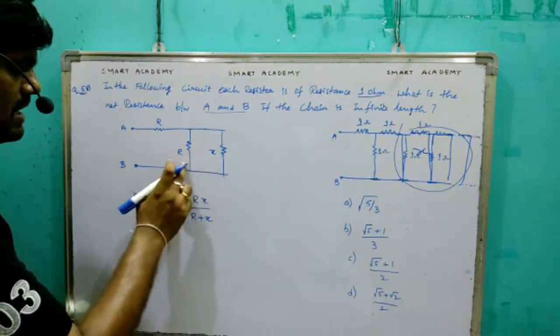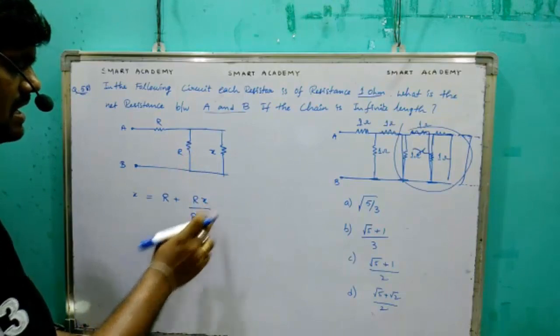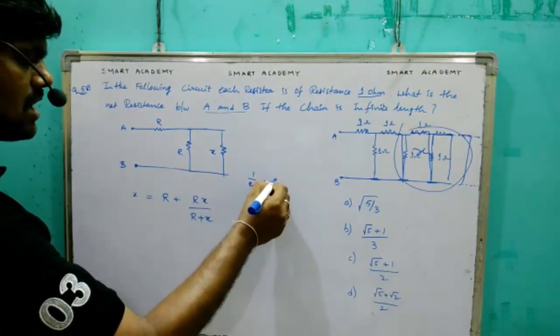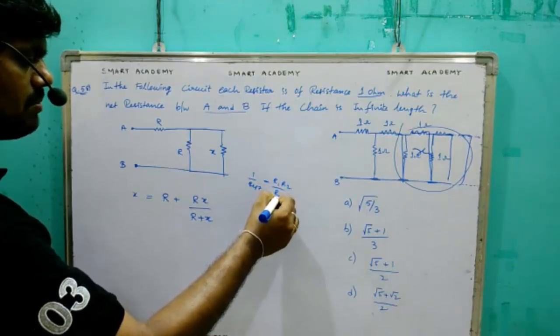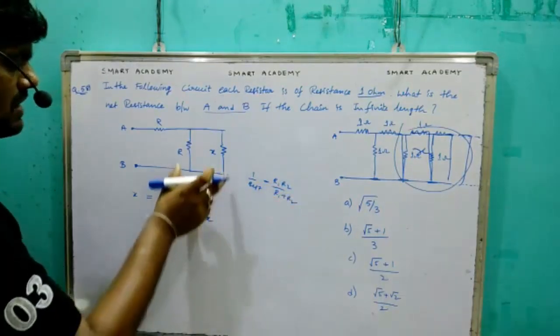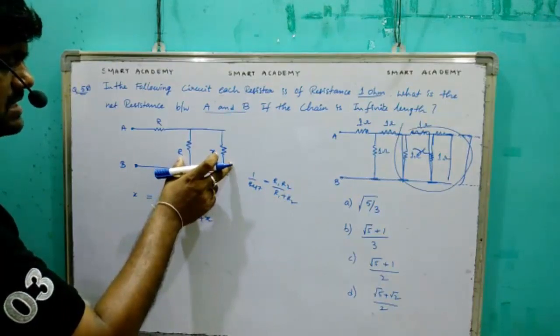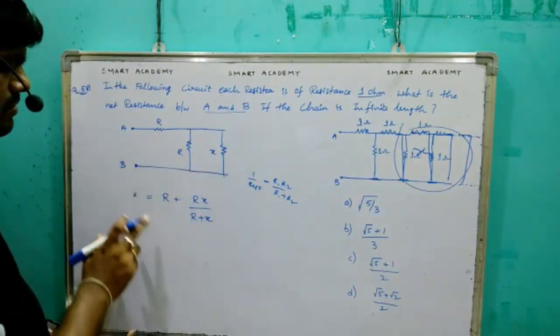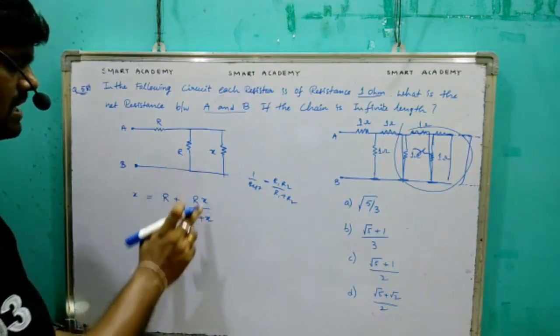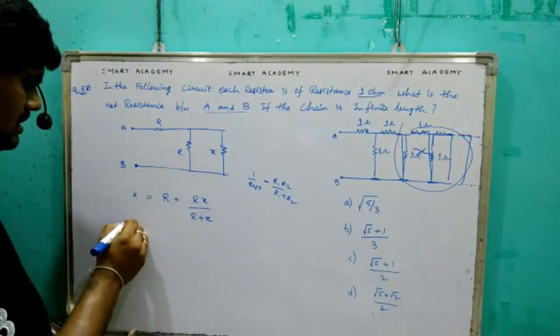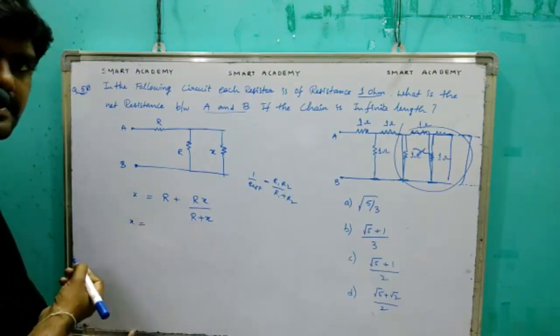We already have the formula R effective equal to R1 R2 by R1 plus R2, so we apply the parallel net resistance value, RX by R plus X. Next, the LCM is R plus X.